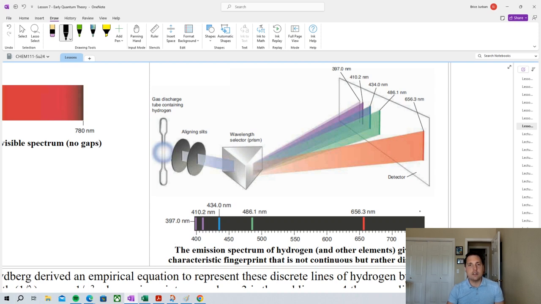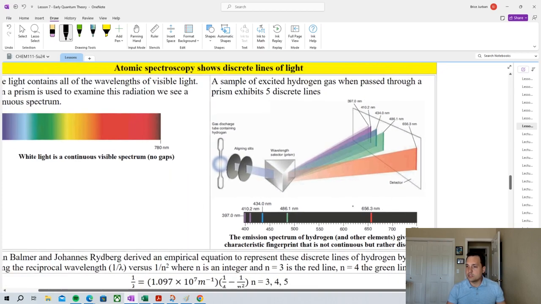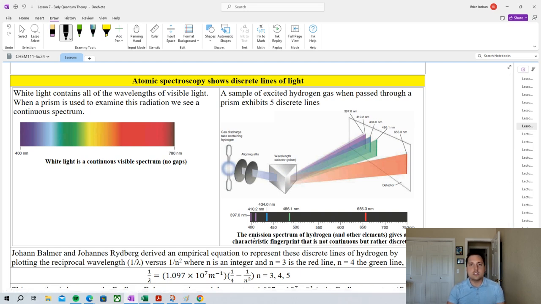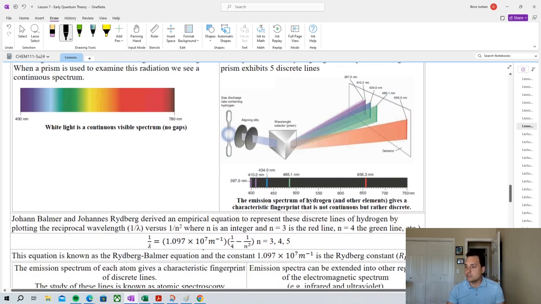It's a characteristic fingerprint that's not continuous, but rather discrete. And Johannes Balmer was studying this. He was a Swedish scientist, and he wanted to try to understand how to make sense of these lines.